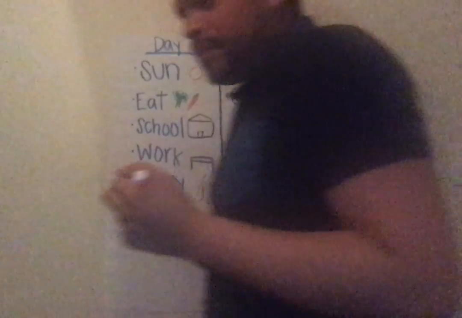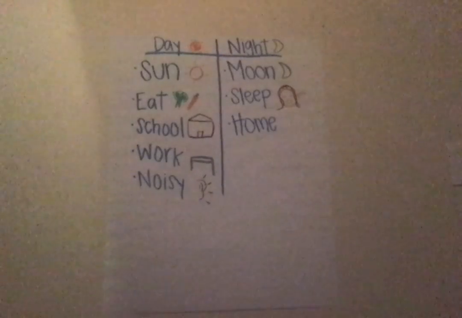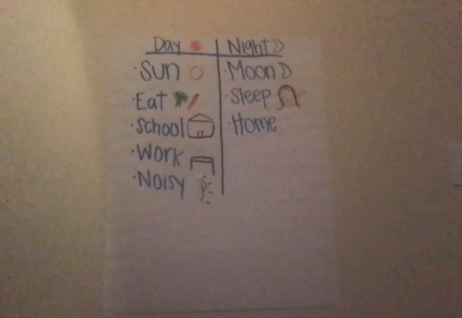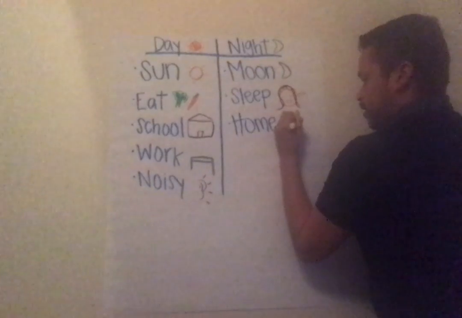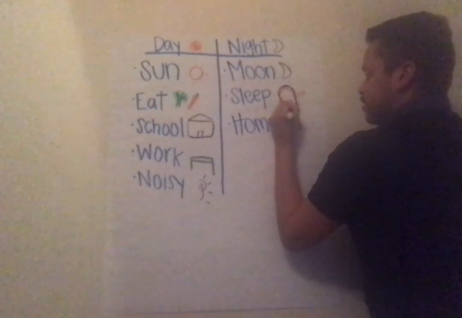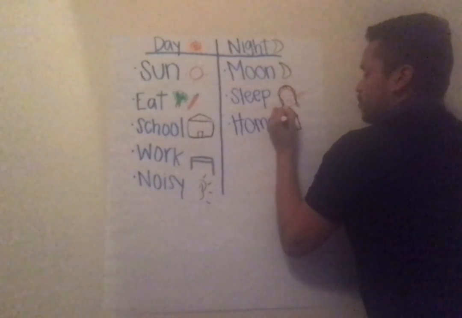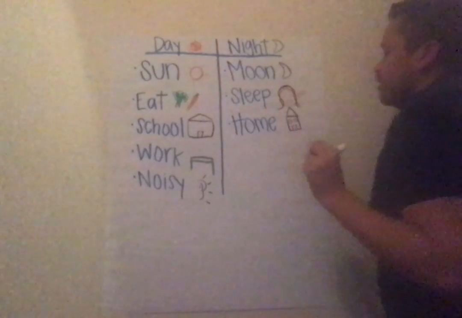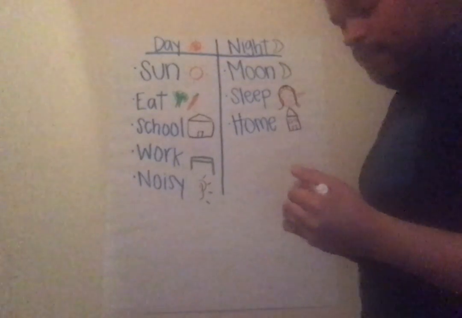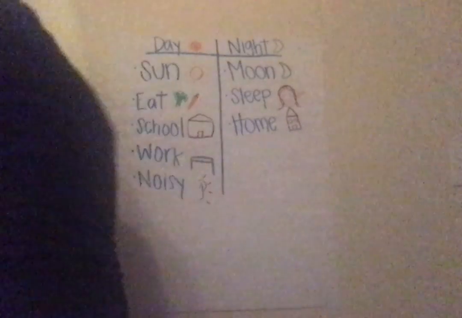Getting in our pajamas, brushing our teeth, getting ready for bed. And let's see, how can I make my home not look like the school? I'm going to make it smaller. A big old roof, some windows, and a door. Here we have our home. At nighttime, we are at home.